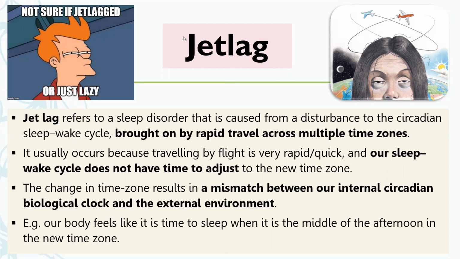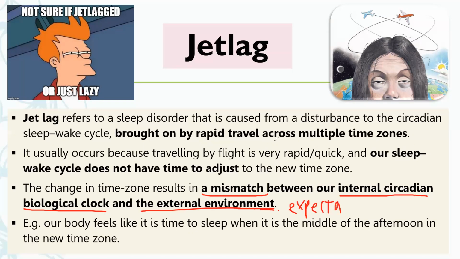And again, if I ever ask you to justify why jet lag is an example of a circadian rhythm phase disorder, you would essentially say that it's an example of a circadian rhythm phase disorder because it demonstrates a mismatch, some kind of inconsistency between our internal body clock and the external environment. So again, the expectations versus the reality explanation.